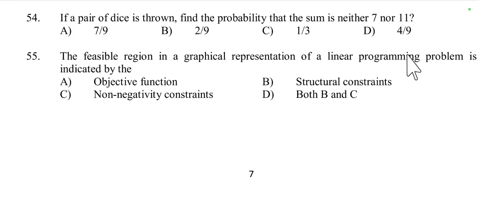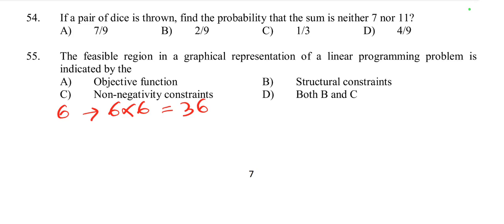First we calculate the total outcomes when two dice are thrown. Each die has 6 faces, 1 2 3 4 5 6. So the total outcomes is 6 into 6, which is equal to 36.